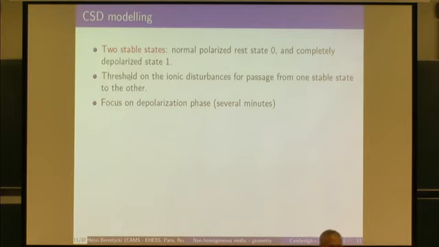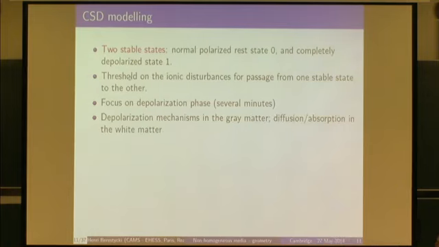And this model I'm going to tell you about only focuses on the depolarization stage. And so it's a transient, but it lasts several minutes. It's a transient state. And now, what is also another important element is that the brain is constituted of two main components, which is the gray matter and the white matter.